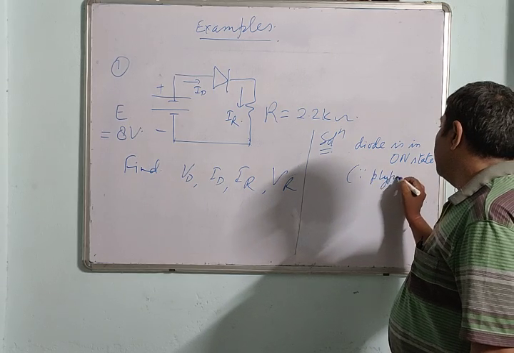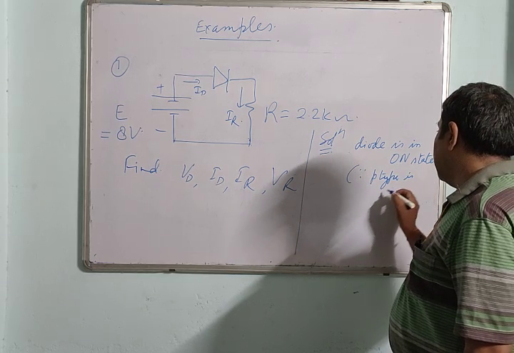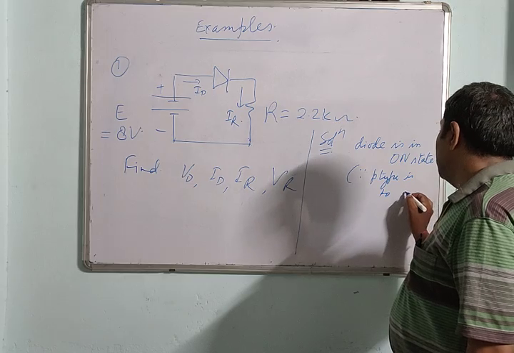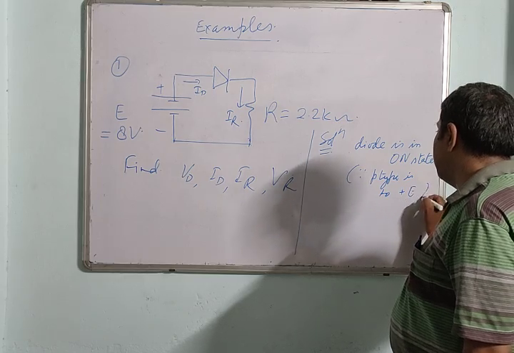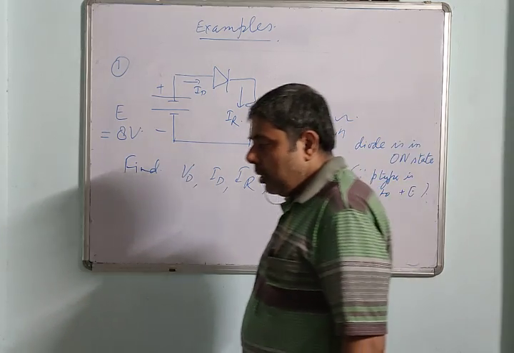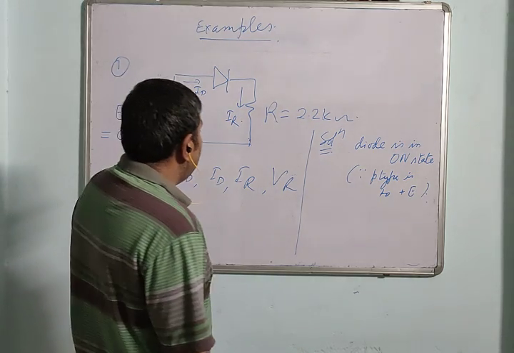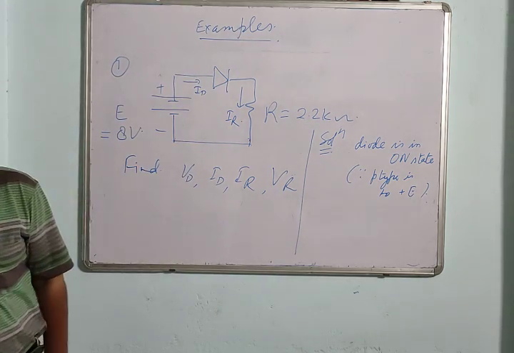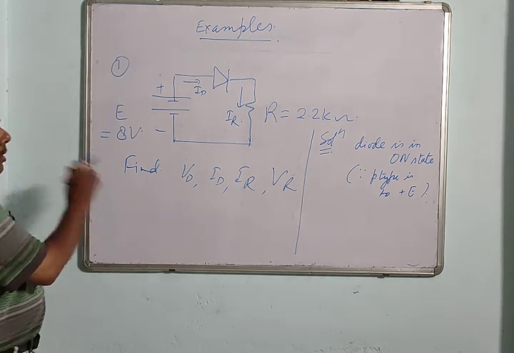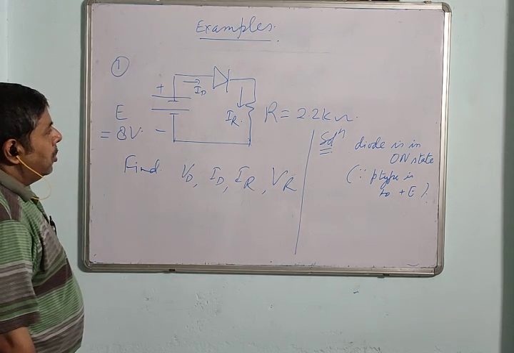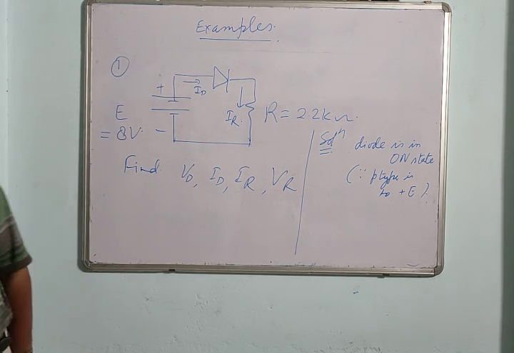P type is connected to plus of E. So that's why this diode is in on state. So now you can calculate different voltages. So replace this by equivalent circuit.